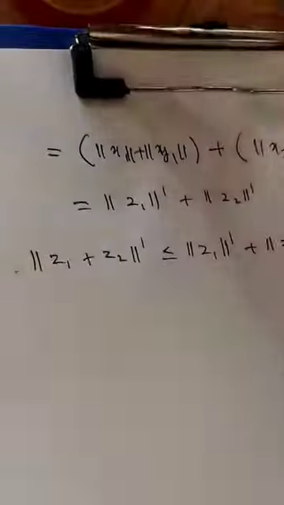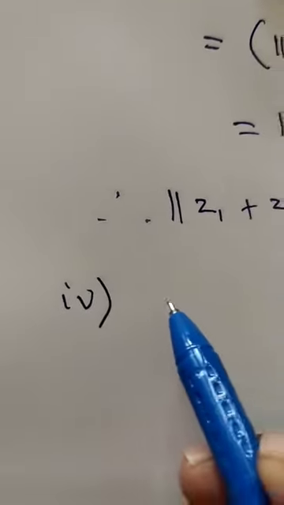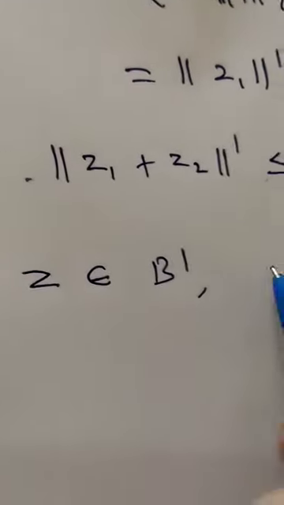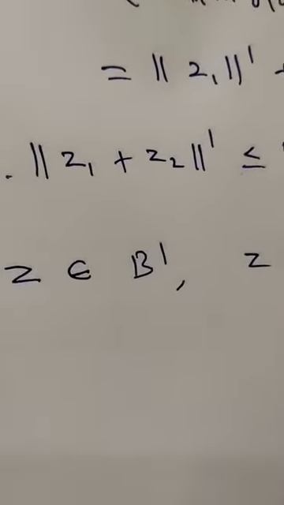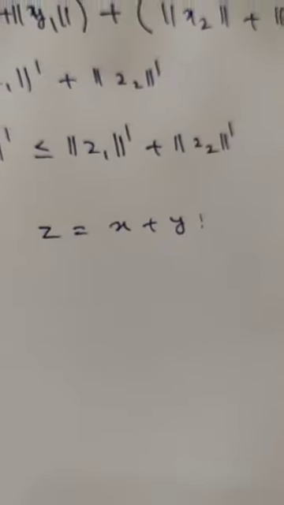Let's verify the fourth condition. Let z be any element of B'. So z being an element of B' means z will look like x plus y, where x and y are elements of M and N respectively.